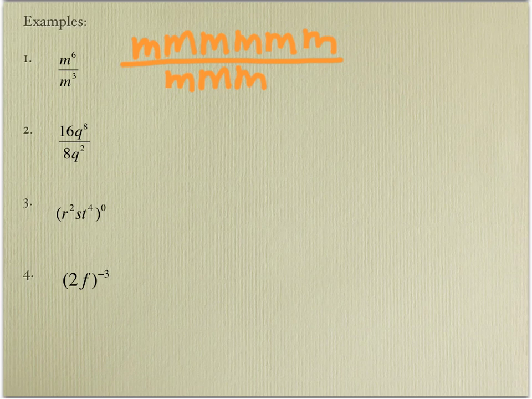I'm going to switch pen colors here. And I know that I can cancel out ones that are on top and bottom. So I cancel out all those 3 there, so how many are left? Well, there are 3 of them left. That shows you why you should subtract those exponents instead of divide them, as you might be tempted to do.